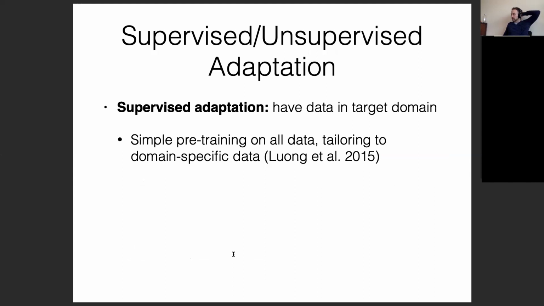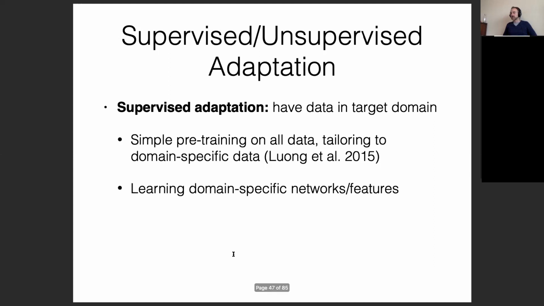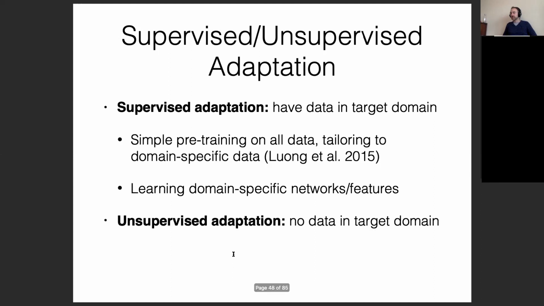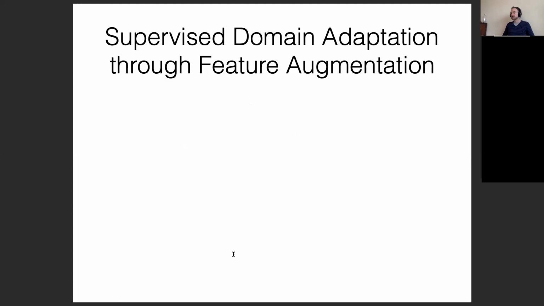One very, very simple way is through the pre-training and fine-tuning paradigm. We do simple pre-training on all of the data, and then we do fine-tuning to tailor to domain-specific data. In unsupervised adaptation, we have no input-output pairs in the target domain. So one way we can do this is by matching distributions of the features.